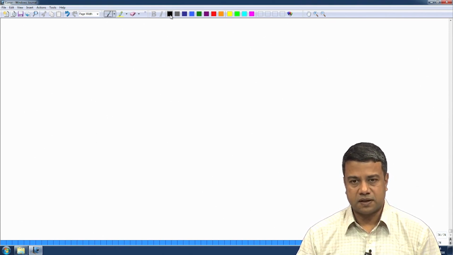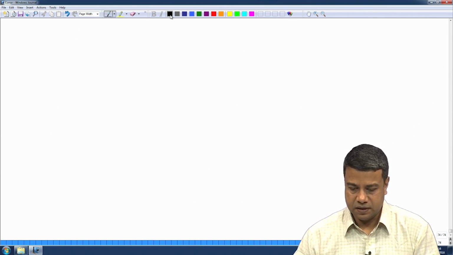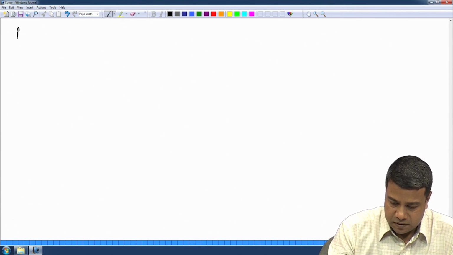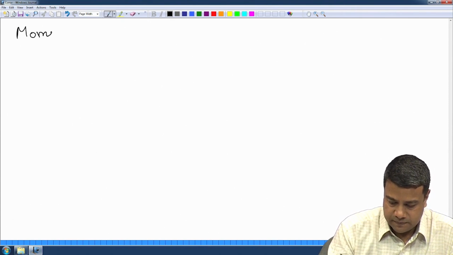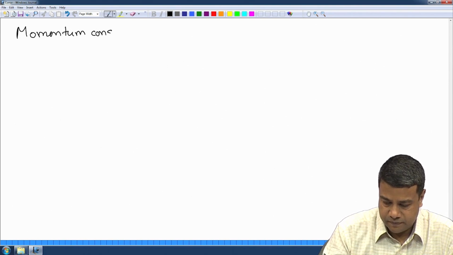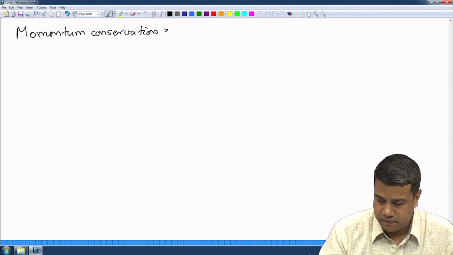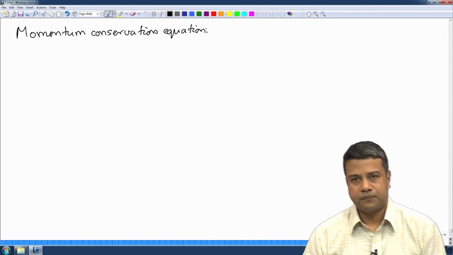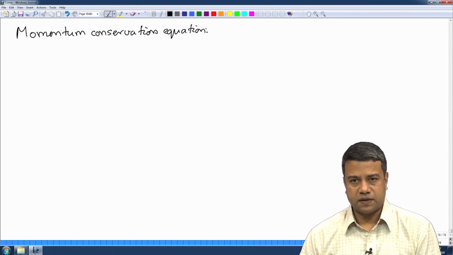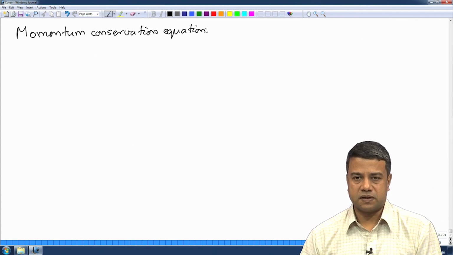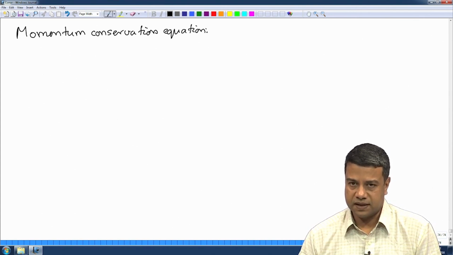So, those operators can now be used in the momentum conservation equation as well. But first let me write down the conservation equation for the total density for you.